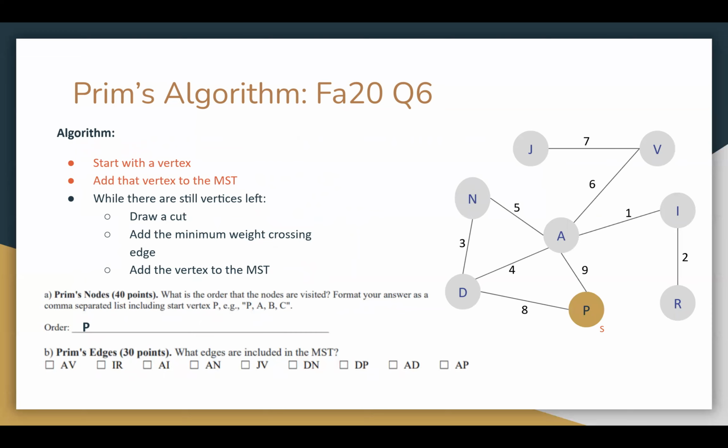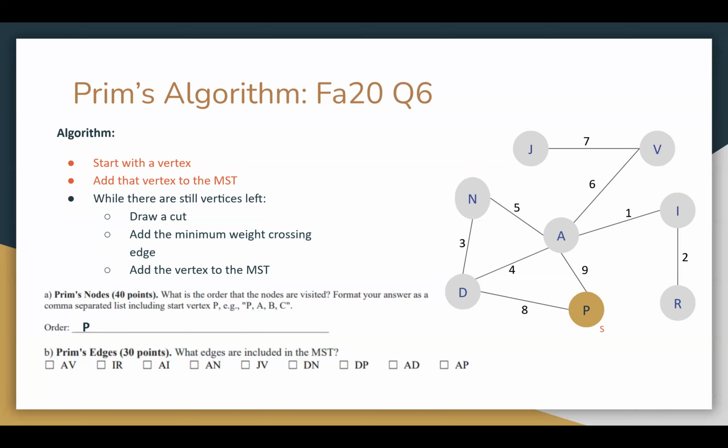The starting node is P. Does anyone have any ideas on how to approach this? Okay, if not, we'll just get started.